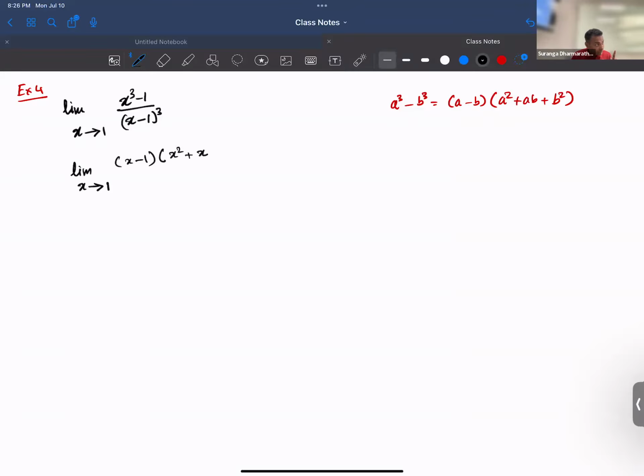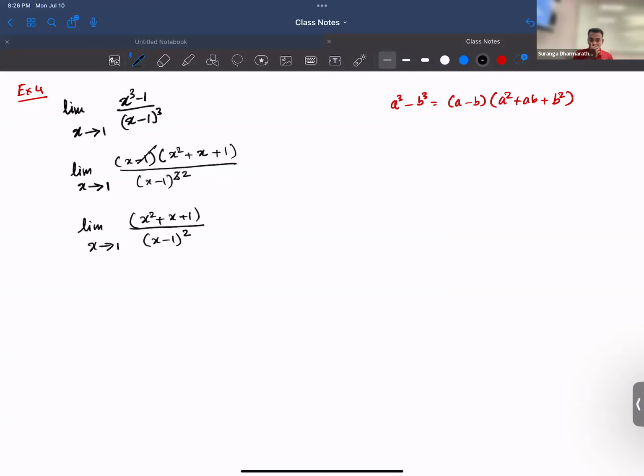X and then plus 1. And then you have x minus 1 cubed, right? And then you can cancel one of those, and you have x squared, x minus 1 squared. So you have limit x goes to 1, x squared plus x plus 1 divided by x minus 1 squared.